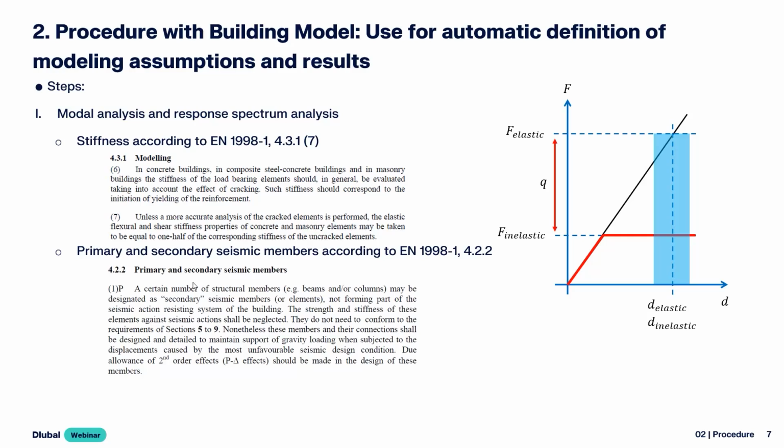And another important section is the definition of primary and secondary seismic members. Secondary members are members not forming part of the seismic action resisting system of the building, but beyond this definition, it's important to say that such elements do not have to comply with sections 5 to 9, which can be very important for detailing in the case of reinforced concrete elements.